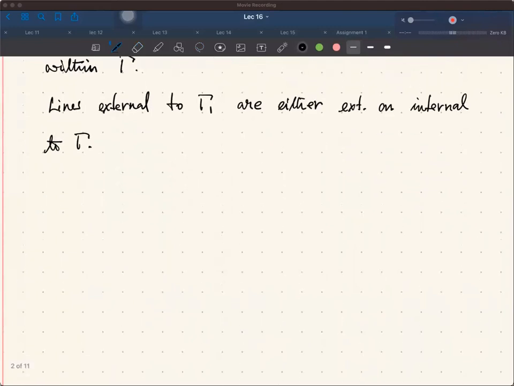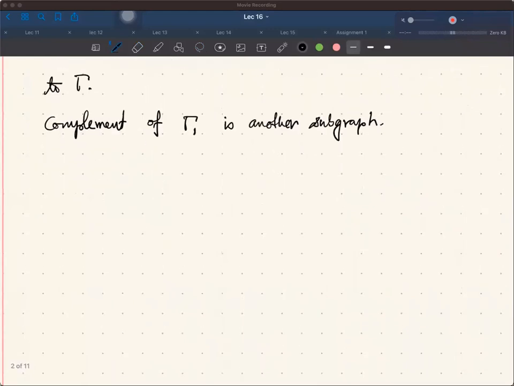And the complement of gamma 1 is another subgraph. Let's look at an example. So here is an amputated diagram.